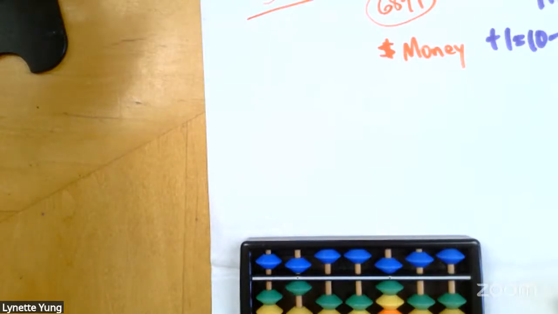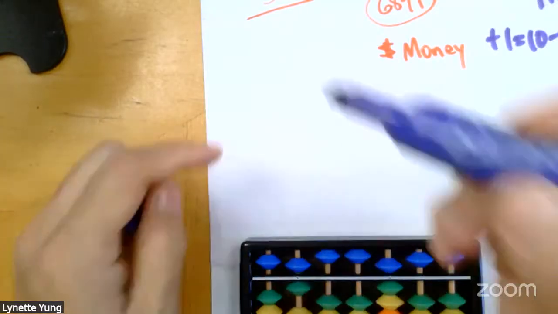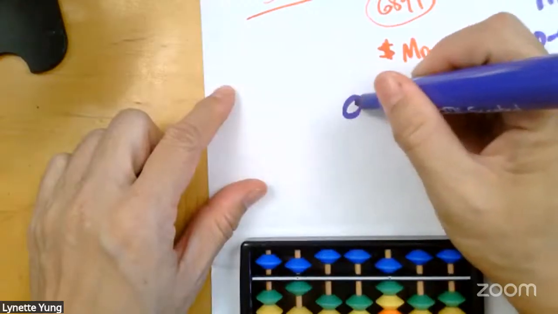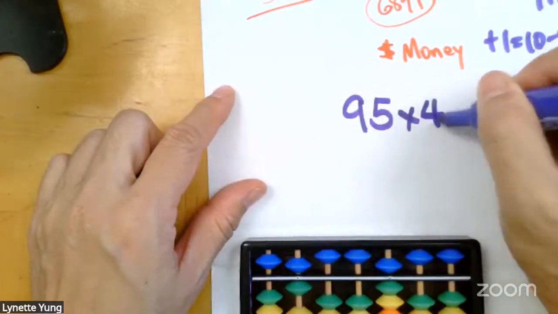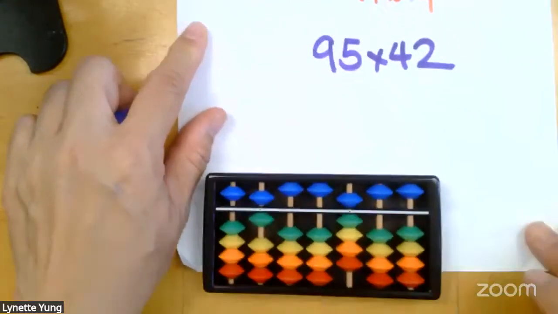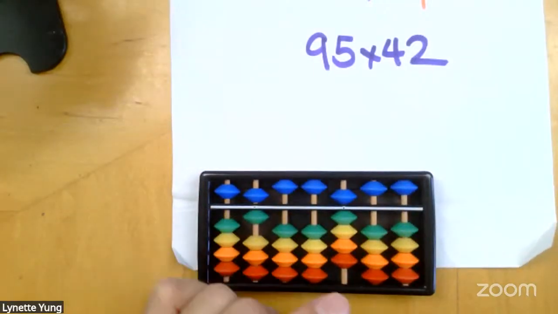Did we do 95 times 42? This will be easy, it's one of my posts. It's not a hard one. Okay, Alyssa, what are we doing?